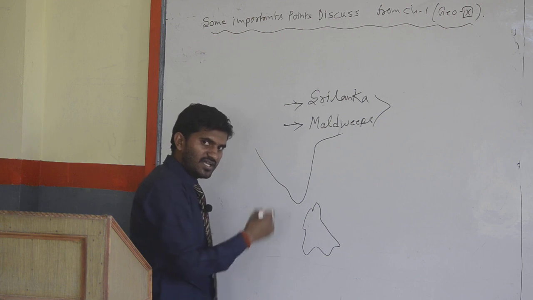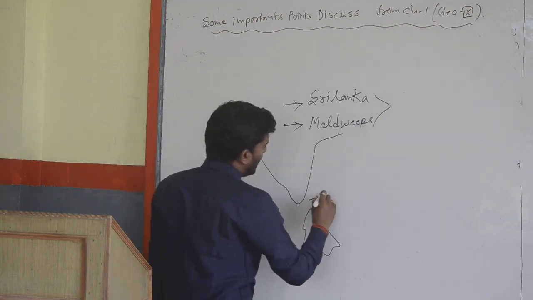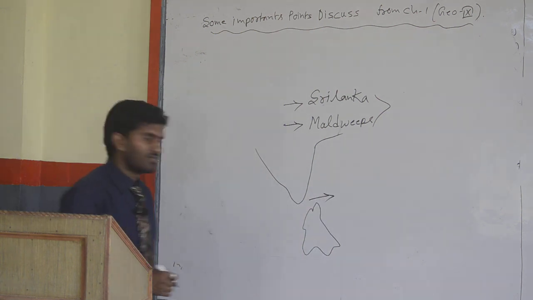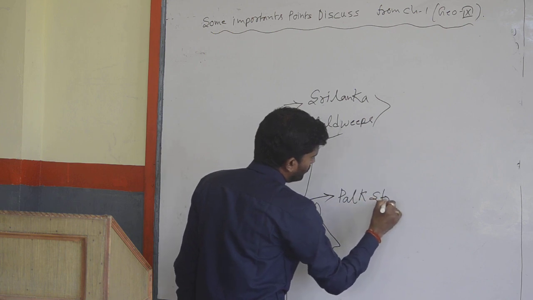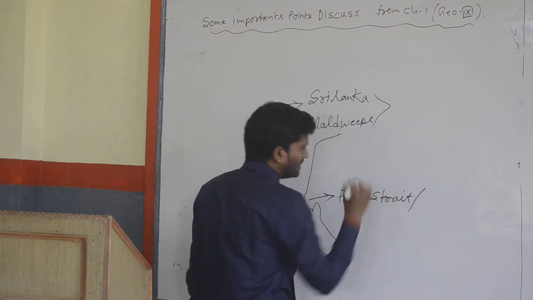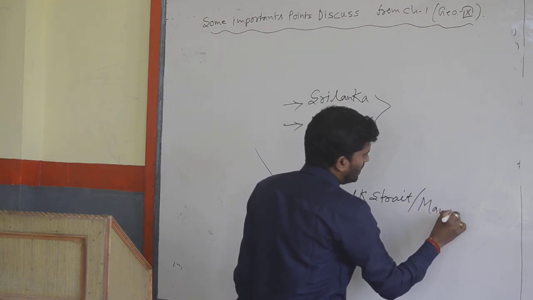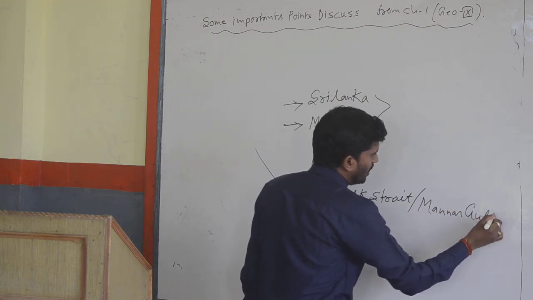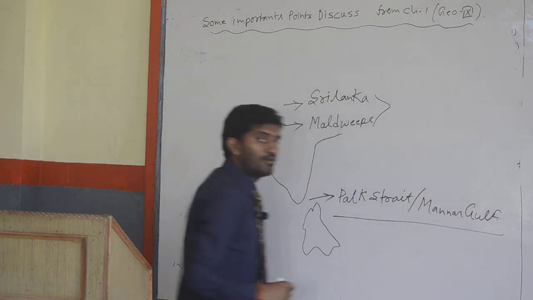One of them is Palk Strait and the other is the Gulf of Mannar. Clear? Very important points.